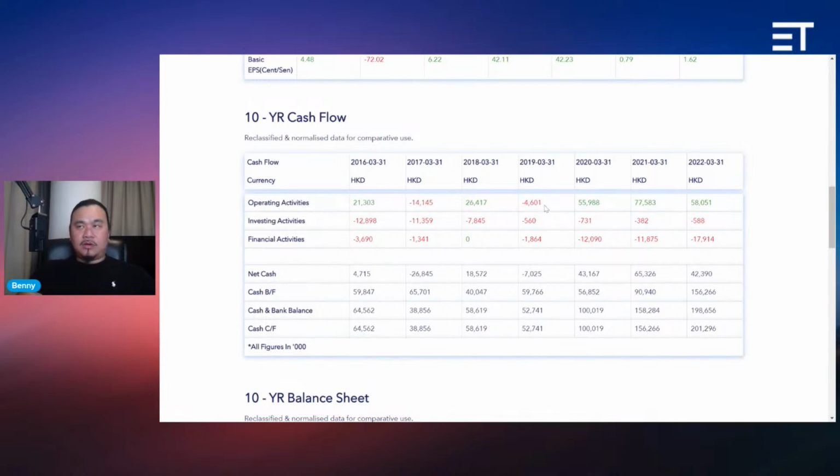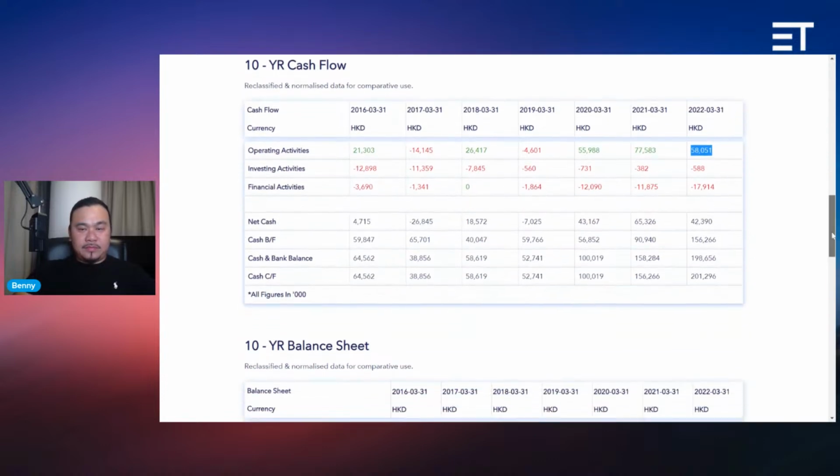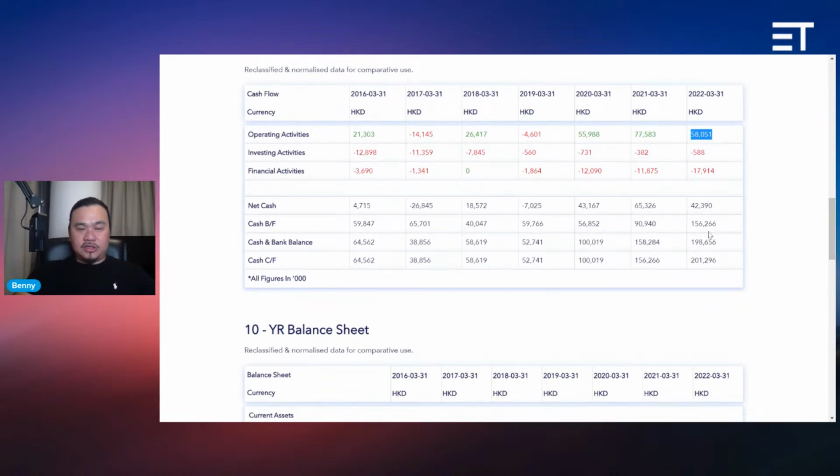You can see the operating cash flow has been up and down from 2016 to 2019, but coming to 2020 onwards, 21, 22, their operating cash flow has been positive and it's quite strong as well. All right, so they have cash positions as well.